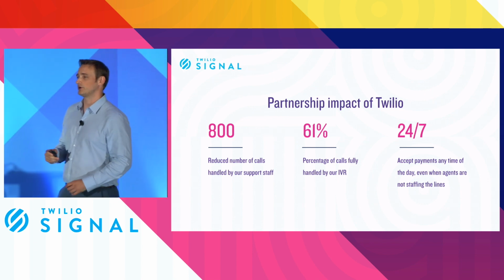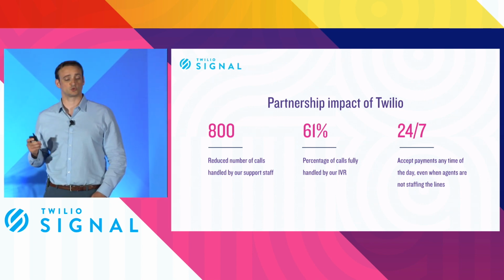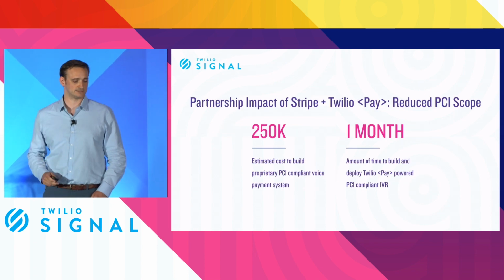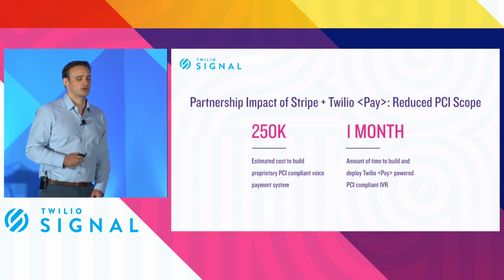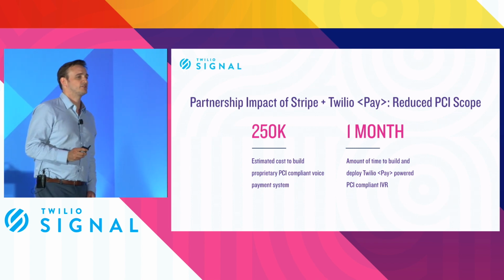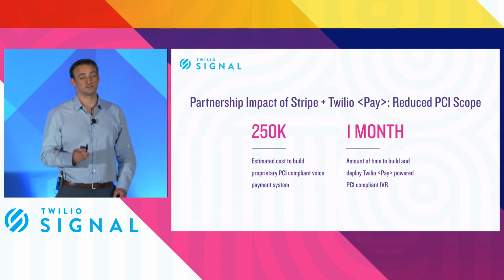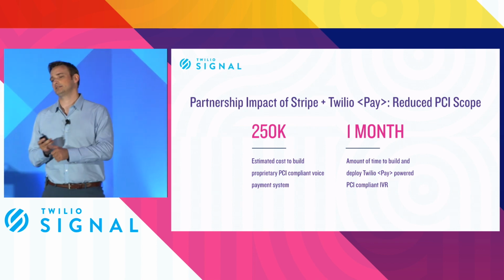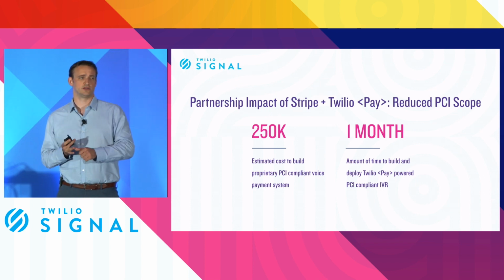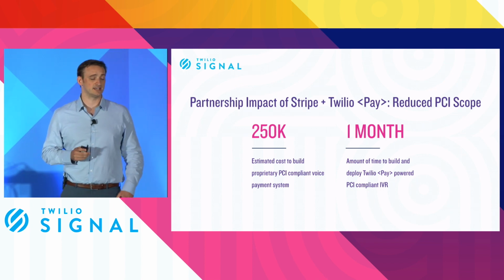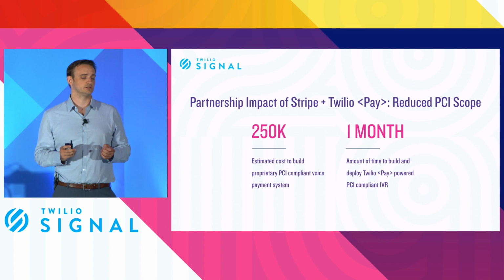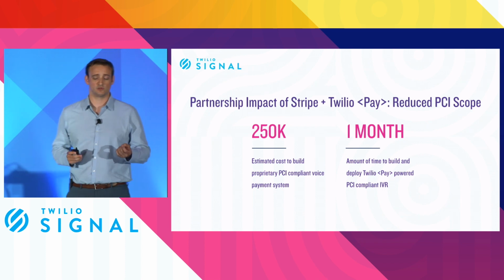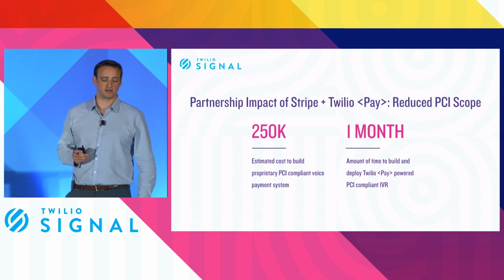And that happened 24/7, anytime, which is a great improvement over our legacy system. Specifically with Stripe and Twilio Pay, we estimate we saved about $250,000 of initial development costs. In reality, by submitting to more PCI audits and who knows what other types of administration tasks needed that a huge company has trouble dealing with, but a startup definitely would. We saved a huge bunch there.